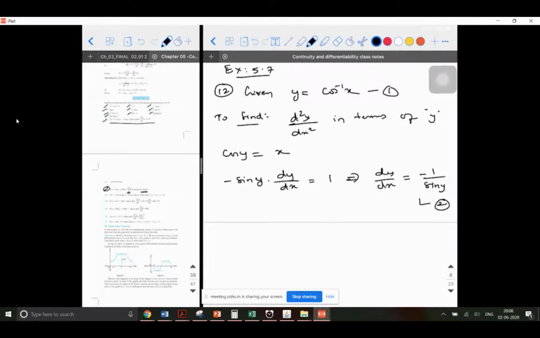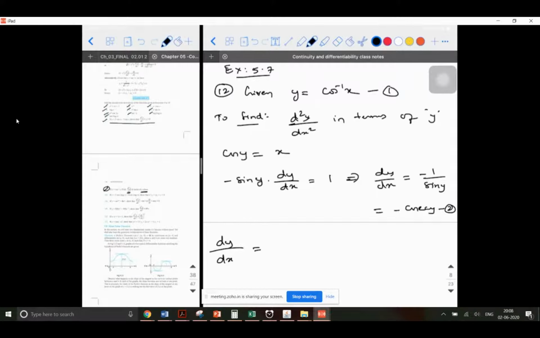What is expected is d square y by dx square in terms of y alone. So instead of leaving dy by dx as minus 1 by sin y, can we write it as minus cosecant y? Yes, sir. Okay. Now what should we do?